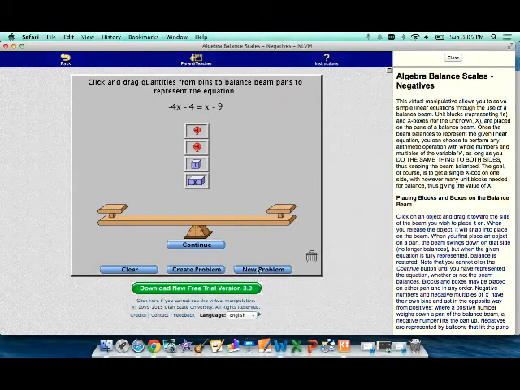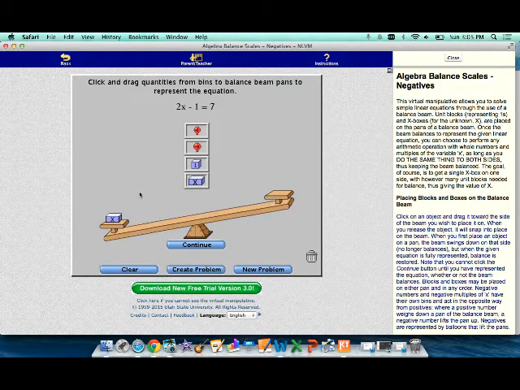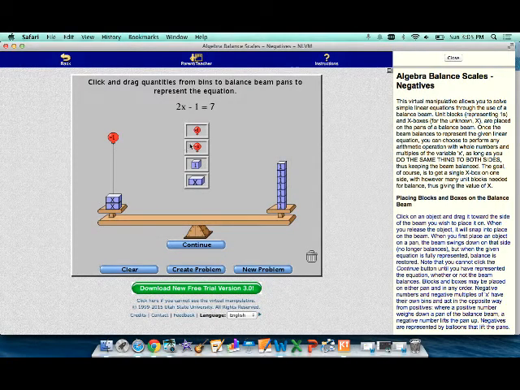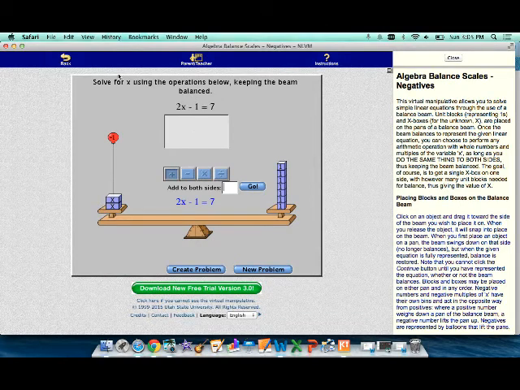Let's try a new problem. This one is a little bit tough. I'm just going to stick with the ones that have a variable on one side of the equation. So this is 2x minus 1. I have to add my x tiles and my minus 1 balloon. It's equal to 7 unit tiles, so I just put those over on the other side. Now I have to balance it, so I click continue, and I'm going to add to this side.